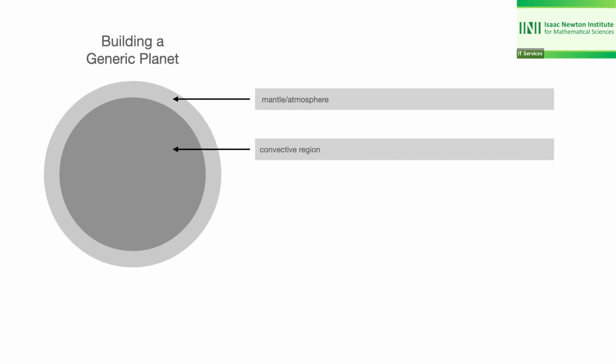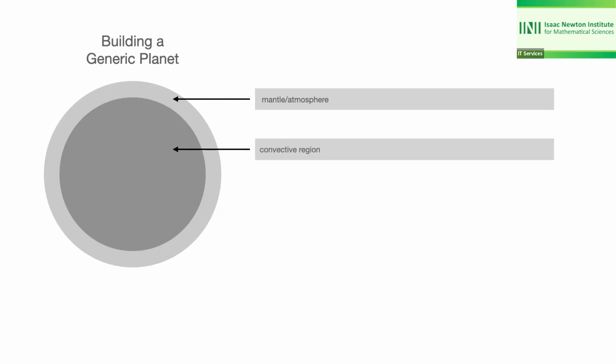And unfortunately, for all the planets, that convective region where the magnetic field is generated is masked by either a mantle or an atmosphere. We don't see the convective region directly. In the case of the Earth, a solid mantle gets in the way, or in the case of, say, Jupiter and Saturn, a dense hydrogen atmosphere gets in the way. So we can't see directly what's happening.